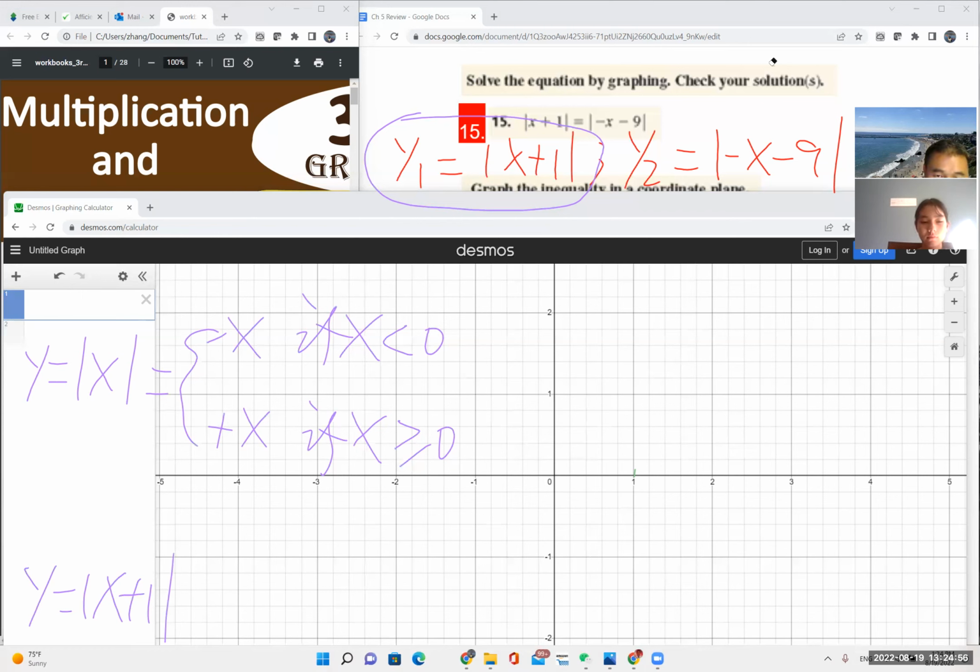So in order to make it a piecewise function, you just judge when x plus 1 is negative. Then this should go to the opposite of x plus 1. And if x plus 1 is greater than or equal to 0, then this is just x plus 1, right? You just judge if x plus 1 is positive or 0 or negative.